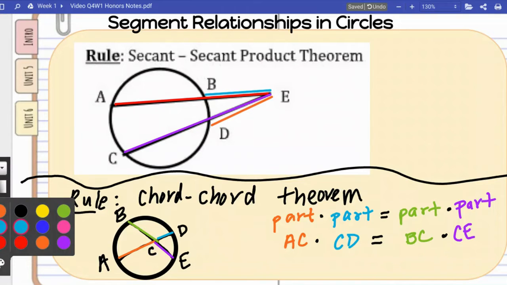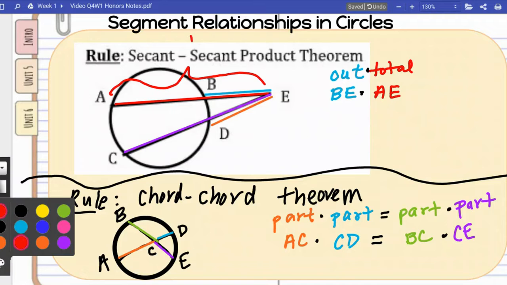So if I take the outside of the secant, so I'll choose secant AE, so I'm taking the outside part, which is BE, and I'm going to multiply that by the total secant line. The total secant line is A to E. Total, the whole thing. The total is going to be AB plus whatever BE is.